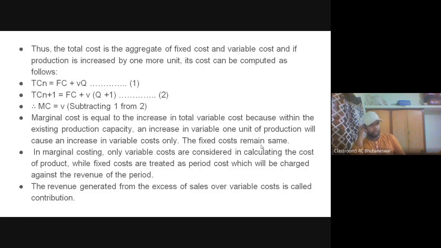So the fixed cost remains the same. Next, in marginal costing, only variable costs are considered in calculating the cost of the product. So it is the basis of distinction between marginal costing and absorption costing.